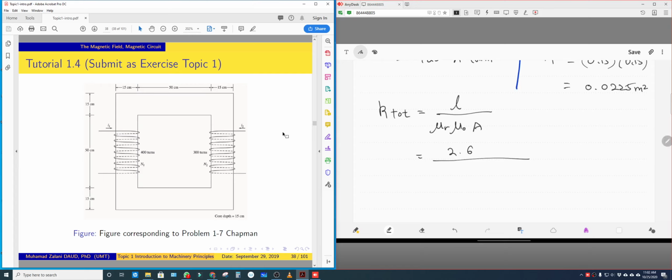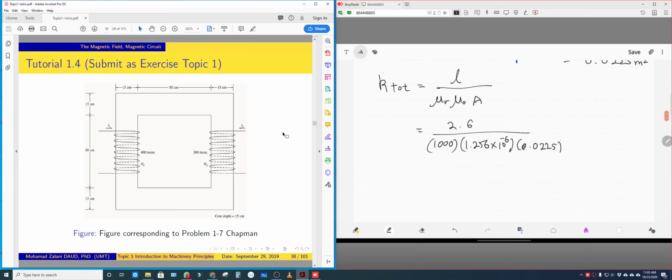Mu r is also given, which is 1000, and mu naught is 1.256 times 10 to the power of minus 6. Then we calculate, and we get 92.92 thousand ampere turns per Weber.